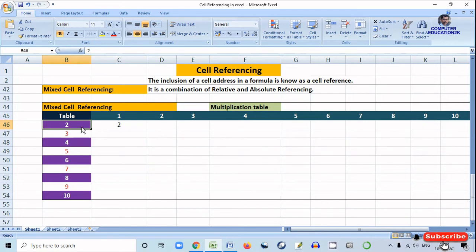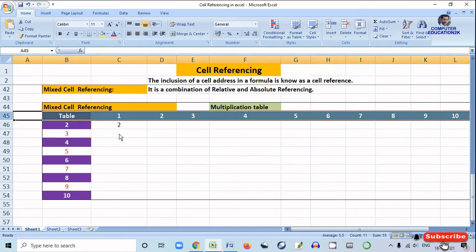So 2 is fixed and 2 is in column B. And row 45 will also be fixed because we are going to multiply 2 with 1, 2, 3, 4, 5, 6, 7, 8, 9, 10. So you have to fix column B and row 45.